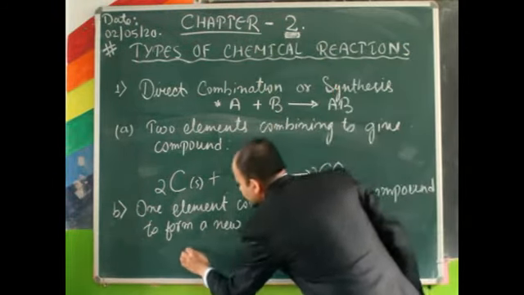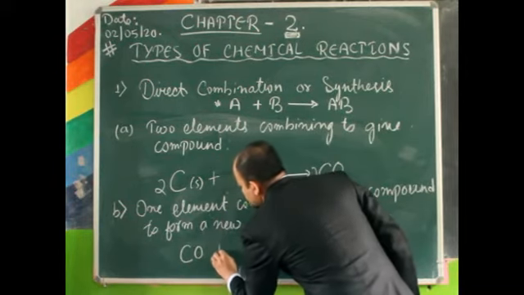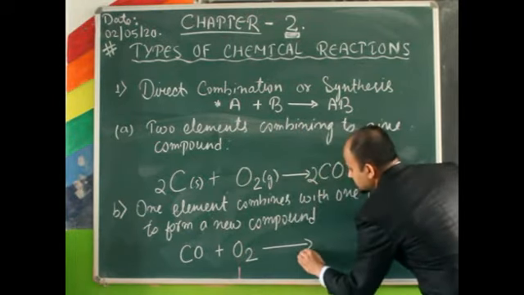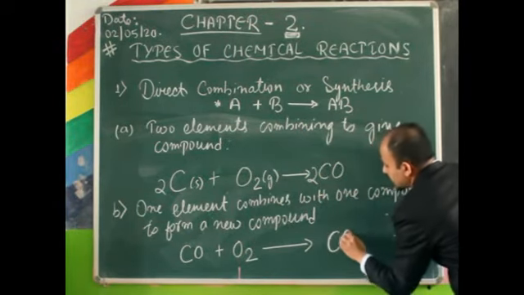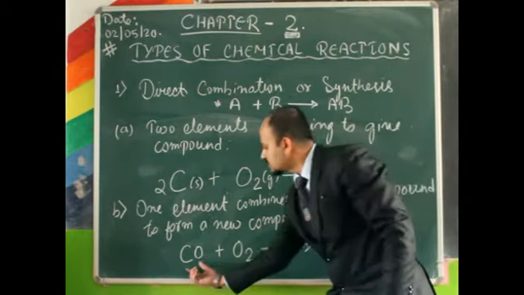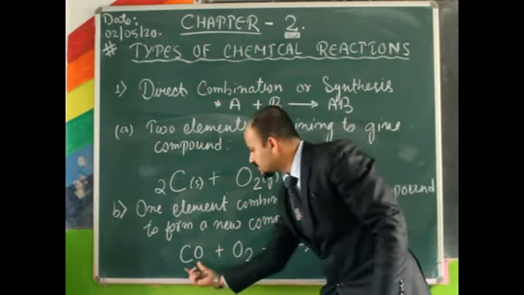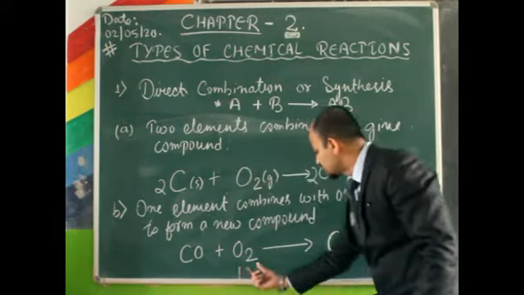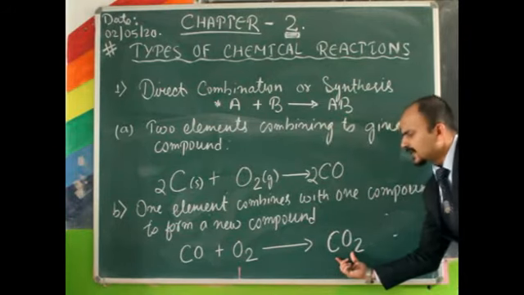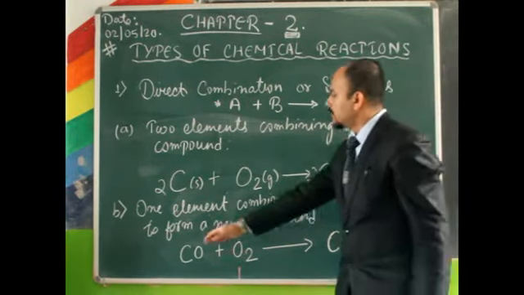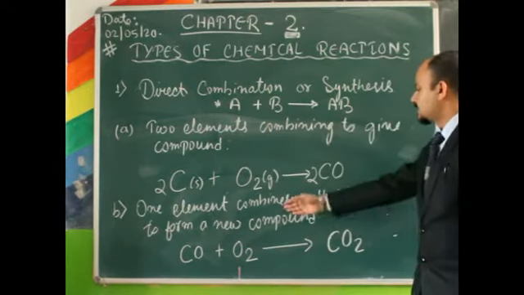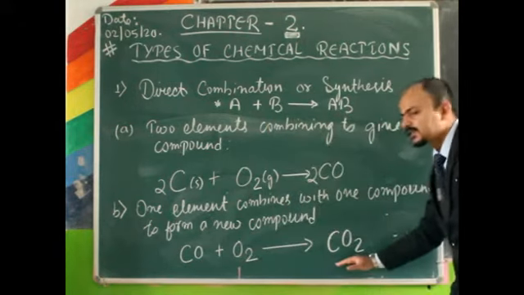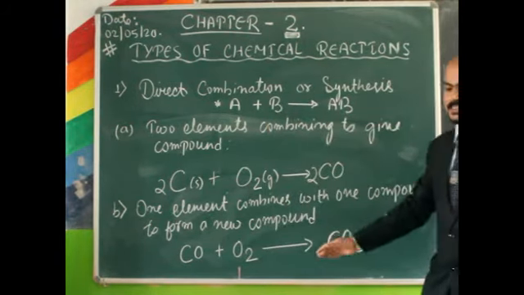An example is carbon monoxide combining with oxygen to give carbon dioxide. Carbon monoxide is formed between two elements, therefore it's a compound. This compound is combining with this element to give you a new compound, that is carbon dioxide. So one element can combine with one compound to give a new compound. So this is the second type.